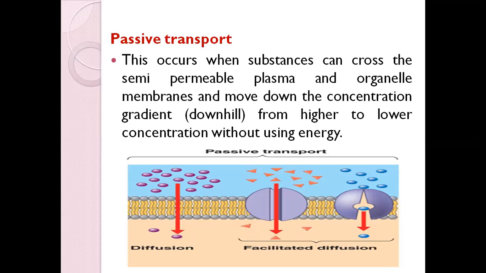If you move from higher to lower, moving downhill, we don't need any form of energy. It happens easily, because, like homeostasis in our body, each and every part tries to maintain balance. Similarly here, if the outside of the cell contains more fluid or more substances, to balance that out, it will try to move towards the lower side, where there are fewer substances.